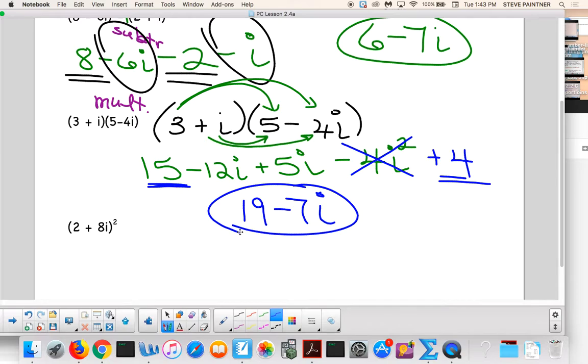This one, what does it mean to say 2 plus 8i, all of it squared? What are you going to write though? 2 plus 8i times what? 2 plus 8i. Go do it. See what you get.